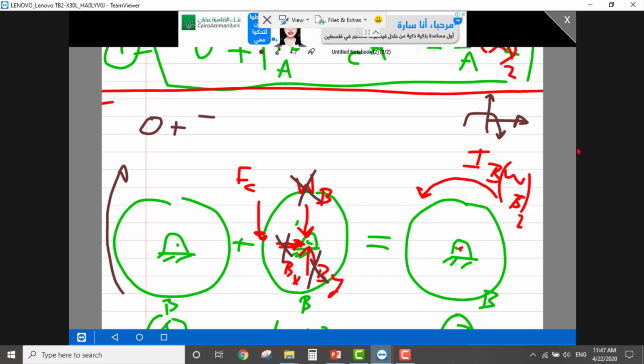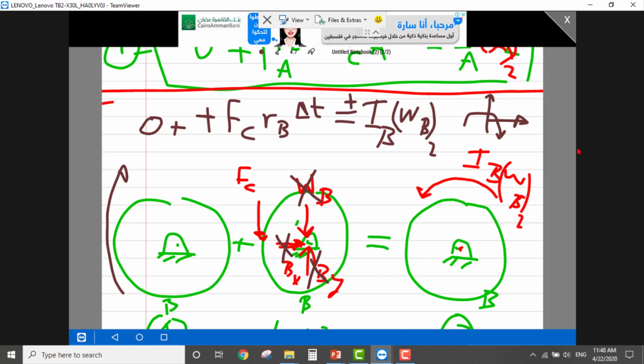So this is negative FC multiplied by RB multiplied by delta T. Then this is angular impulse. This is equal to IB omega B state 2, and because this is counterclockwise, it will be again minus. So minus with minus will cancel out. So I will name this equation 2.